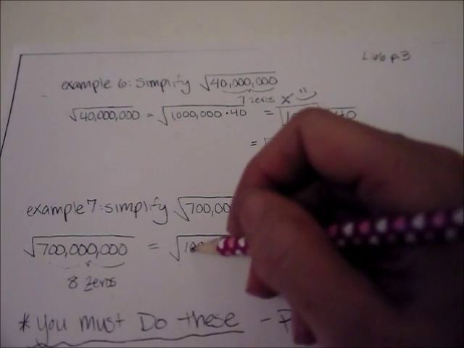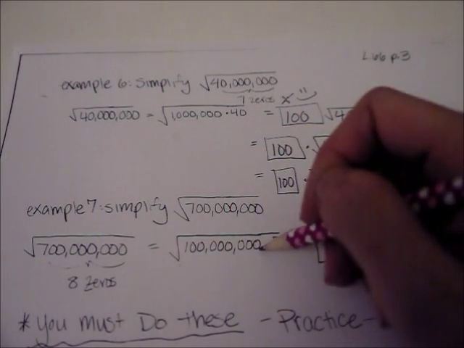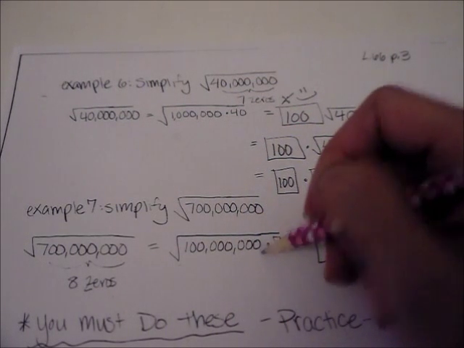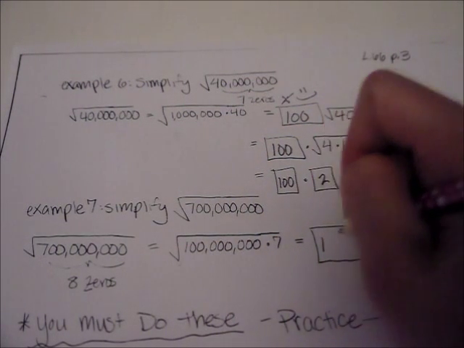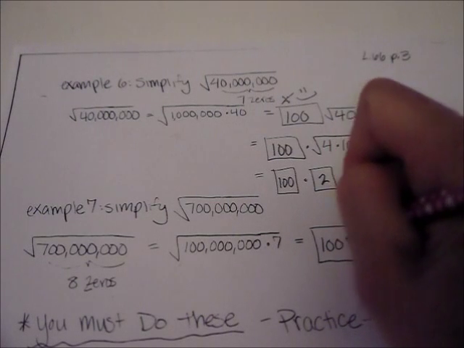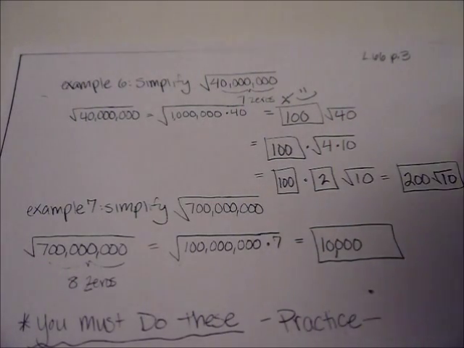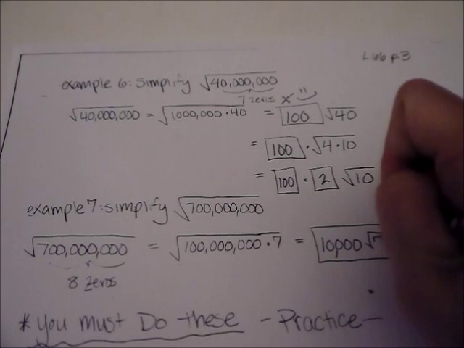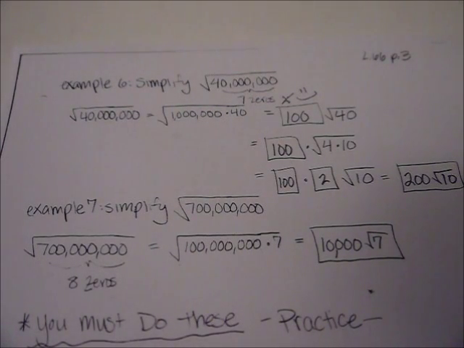Well, like I said, if there are 8 zeros, the square root of it is a 1 with 4 zeros. All right, and then 7 doesn't have a square root, so there we go. 10,000 square root of 7.